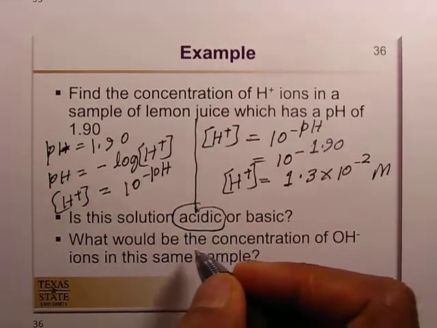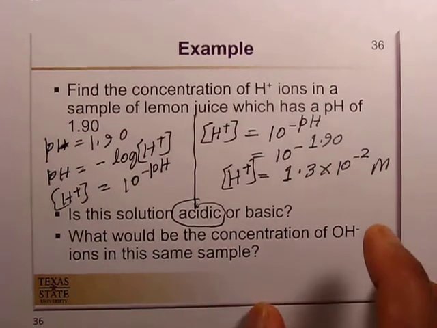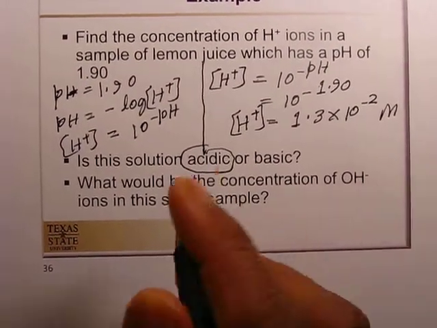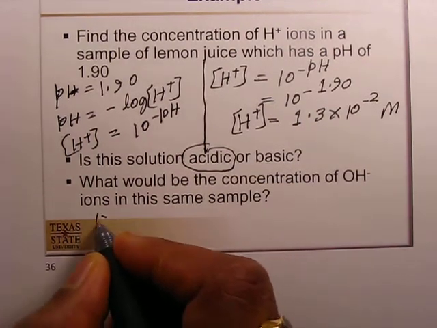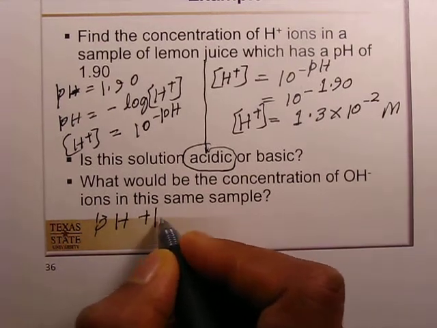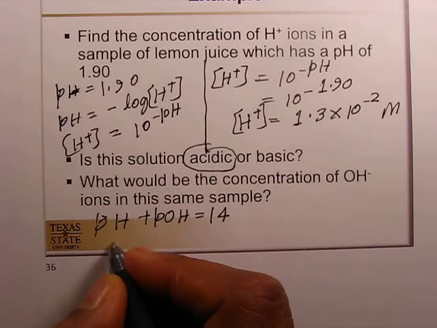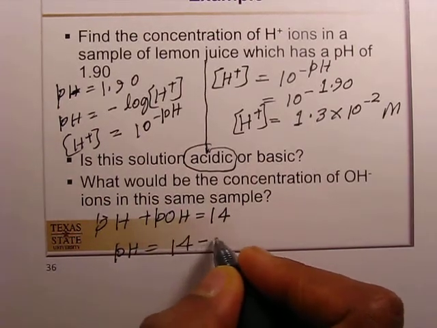What would be the concentration of hydroxyl ion for this sample? It's very easy. We can use the formula which we have seen, pH plus pOH is equal to 14, and then pOH will be equal to 14 minus pH.